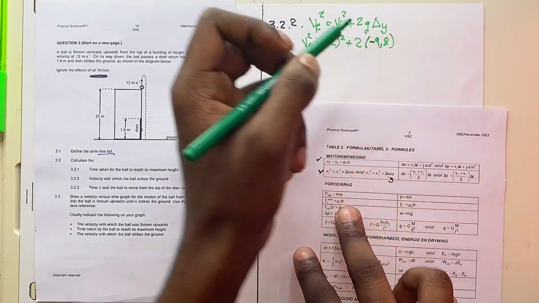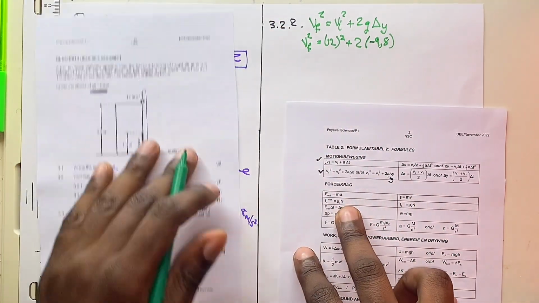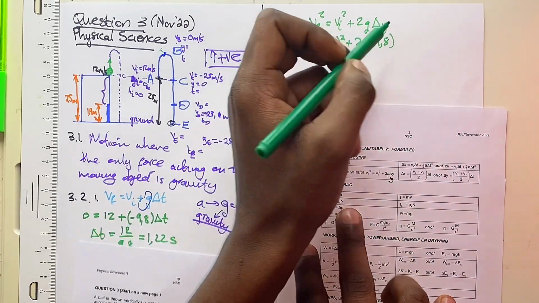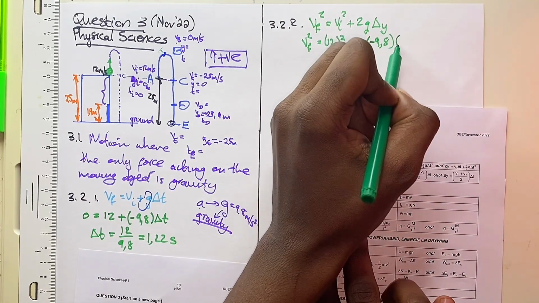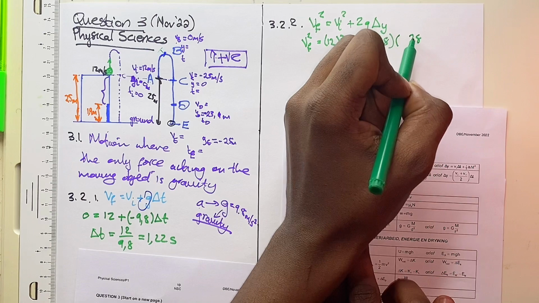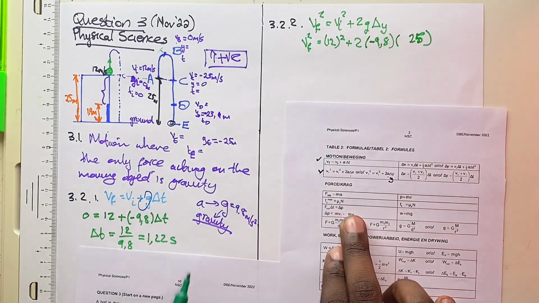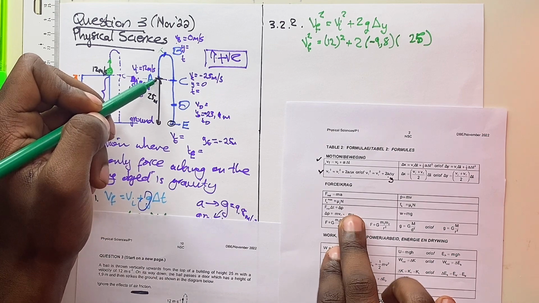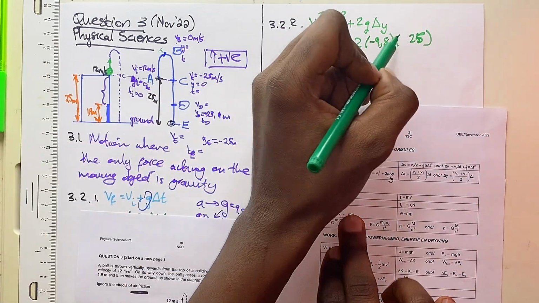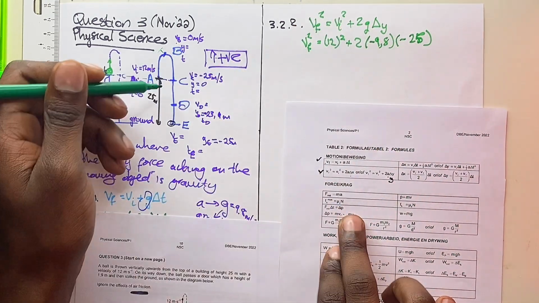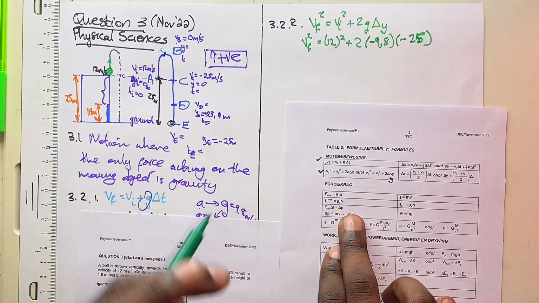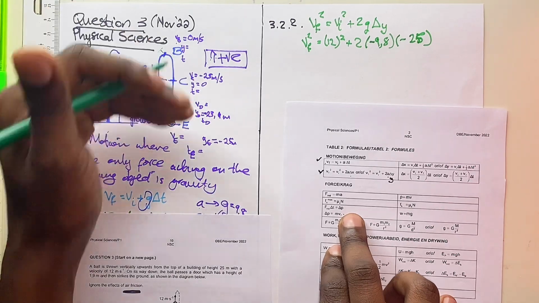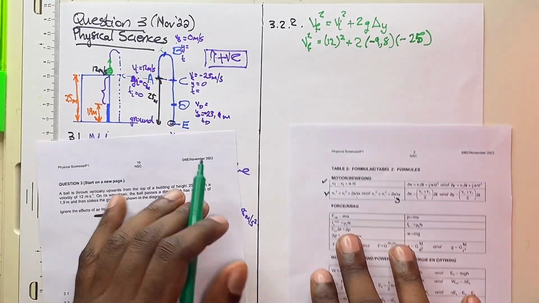It is negative because gravitation acts downwards, and we said that up is positive. Now, what is my height? My height is 25 meters, but it is below my reference point, my initial point. Therefore, it will be negative. If it was somewhere higher, then I would have taken it as positive because I said up is positive, but now it's below, it becomes negative.